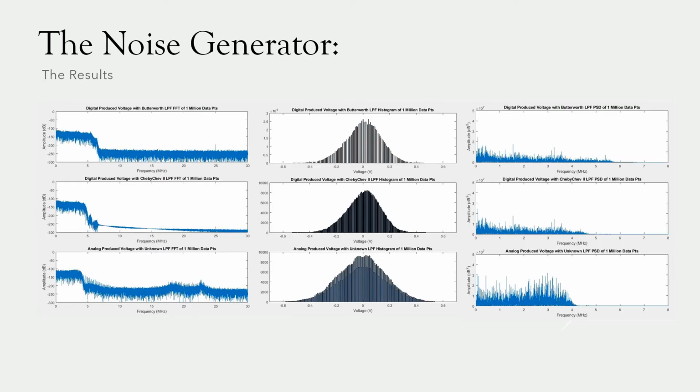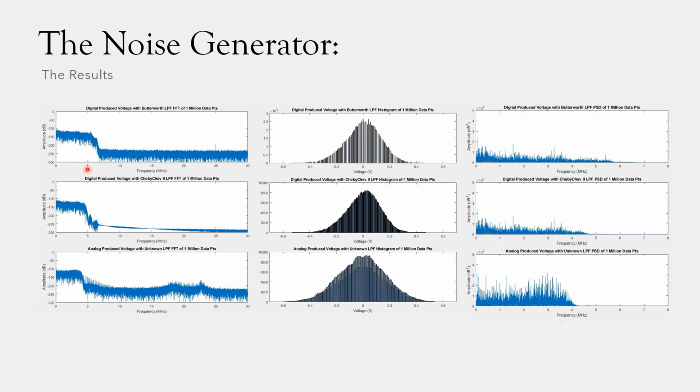The following is the results of our noise generator. Here, you can see the output of the digital noise generator, or the one we created. This has an analog filter attached to the end where it's outputting to the bus line, creating this roll-off.